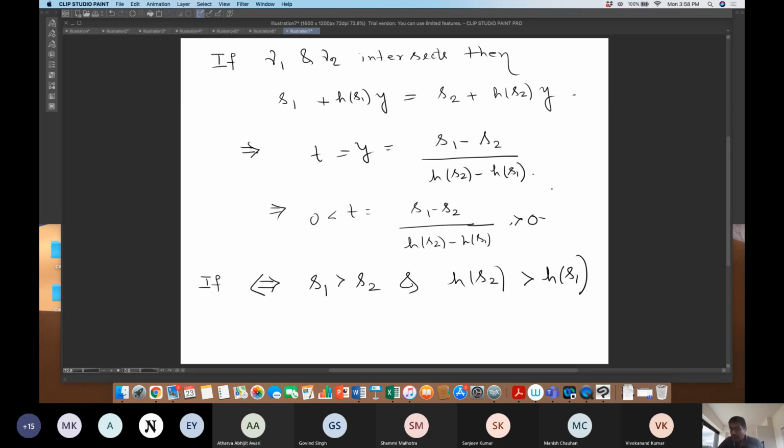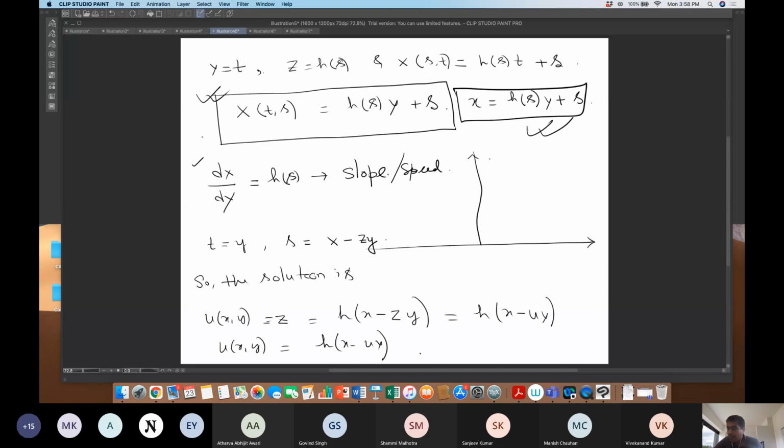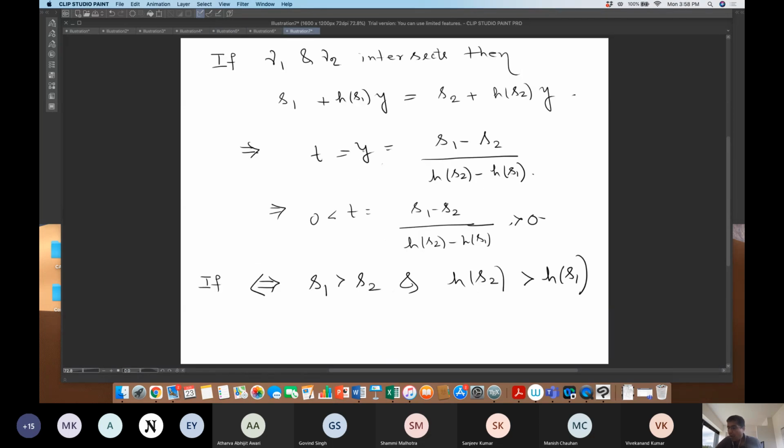Now we know that for this equation t equal to y. We are solving the PDE for y positive. That means this quantity has to be positive. When can it be positive?